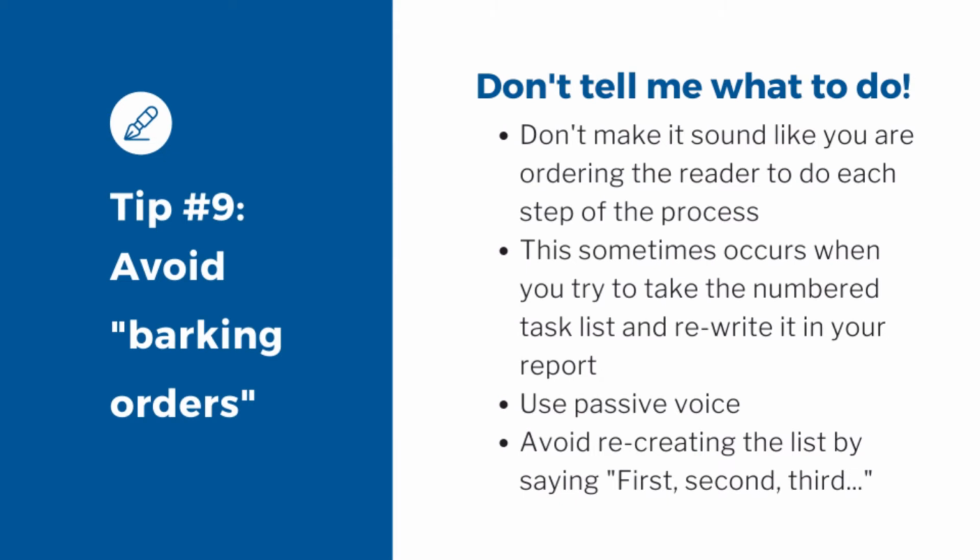This usually happens when students are trying to move from the numbered task list to providing a narrative description of what happened, as though they were watching the steps and taking notes. This frequently occurs when students are not using the passive voice in the methods section, or are trying to create a form of numbered list by saying first, second, third, etc.